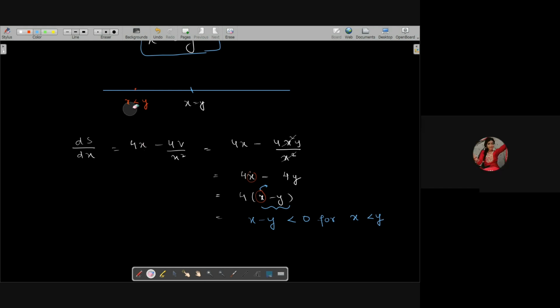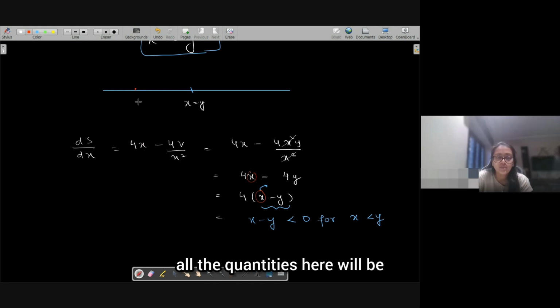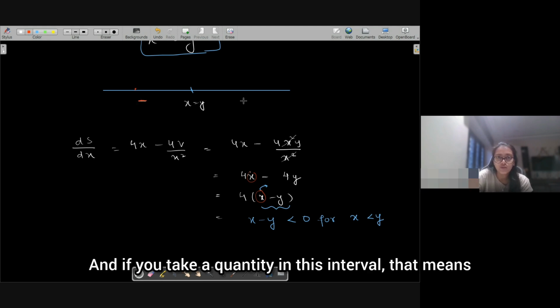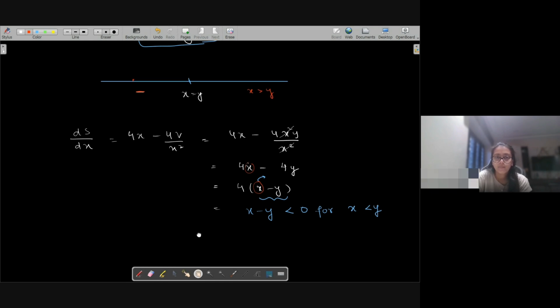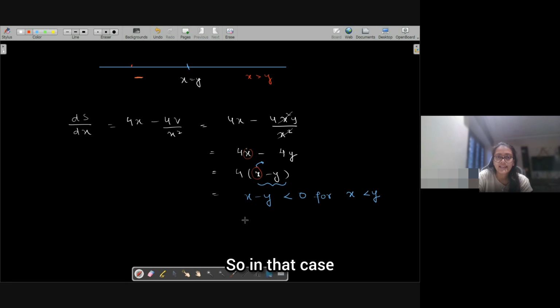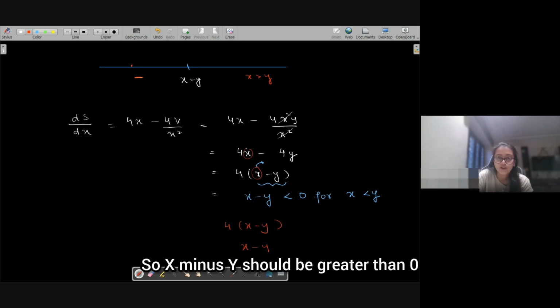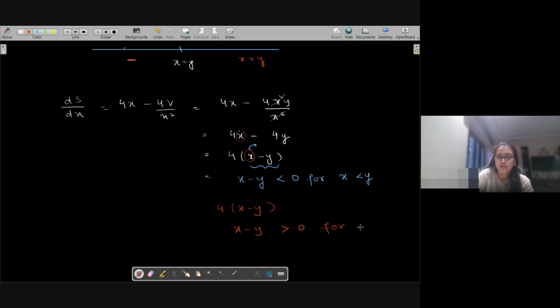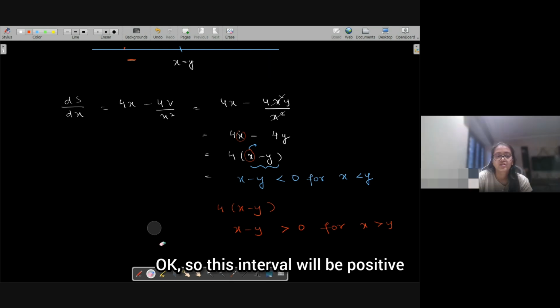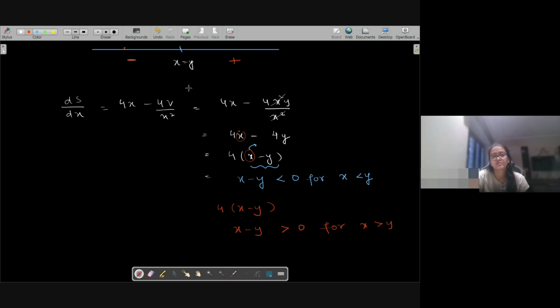So in this interval, all the quantities will be negative. And if you take a quantity in this interval, that means any x which is greater than y, then 4 times x minus y should be greater than 0 for x greater than y, right? So this interval will be positive.